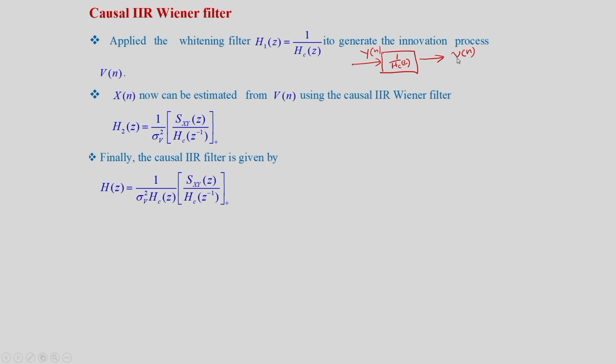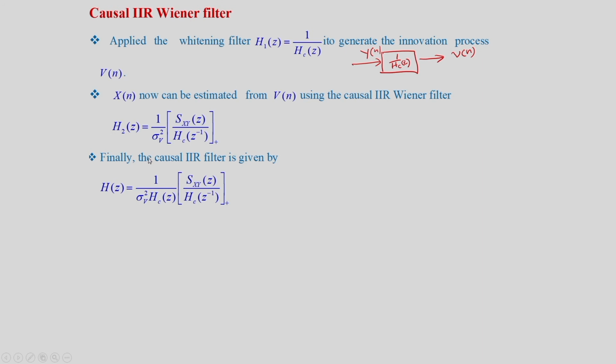Now, using this innovation sequence, x(n) can be estimated from v(n), and it was shown that the corresponding filter is H2(z) equal to 1 by sigma v square into the causal part of S_xy(z) divided by Hc(z inverse). This is the Wiener filter to estimate x(n) from the white noise sequence.